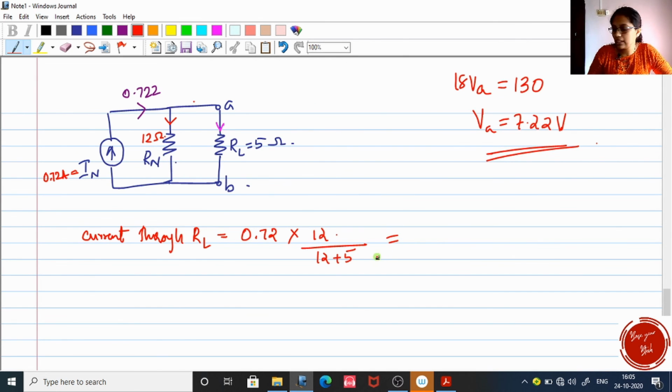Okay, now the value is 0.508 ampere. I have uploaded one video about this current division rule. Please check it out and go through the steps. So here is our answer, and it is done using this Norton circuit analysis.